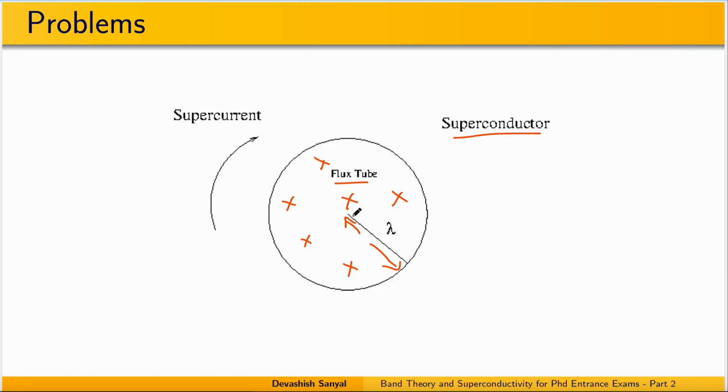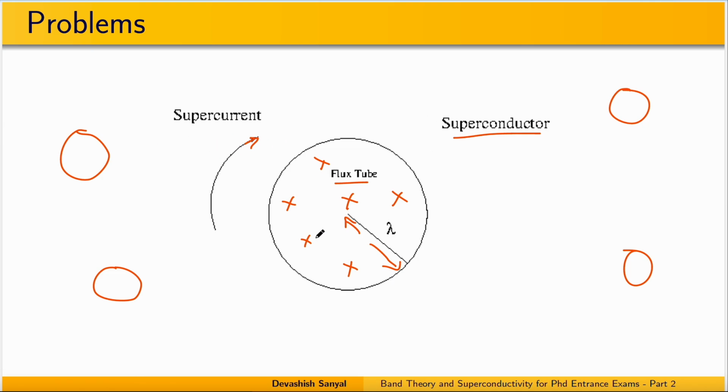When this flux tube enters, when the magnetic lines of force enter the superconductor, supercurrents are generated like this. In this picture I have drawn only one flux tube, but there will be many flux tubes like this, through which the magnetic lines of force will enter, and outside it will be perfectly superconducting.